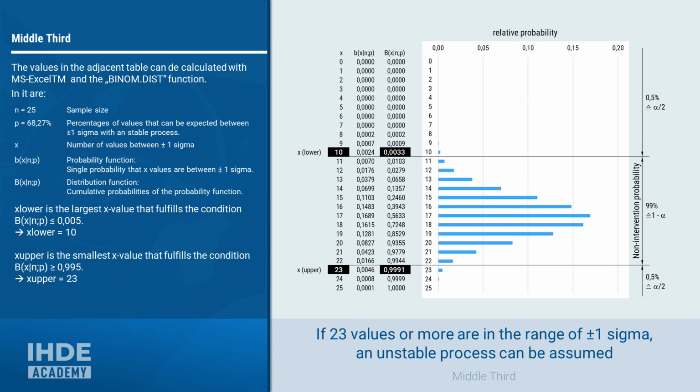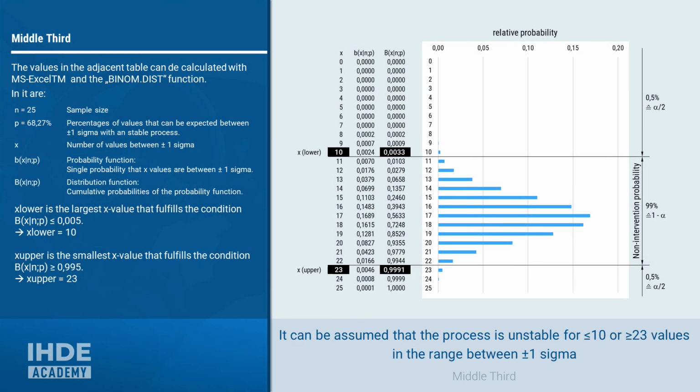There is a 99.44% probability that 22 values are in the middle third. That's less than 99.5%. With a sample size of 25, if 23 values or more are in the middle third, this is an indication of an out-of-control process. An intervention in the process might be required.